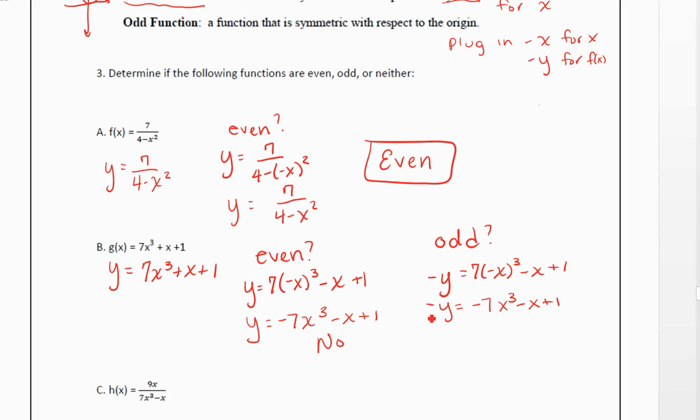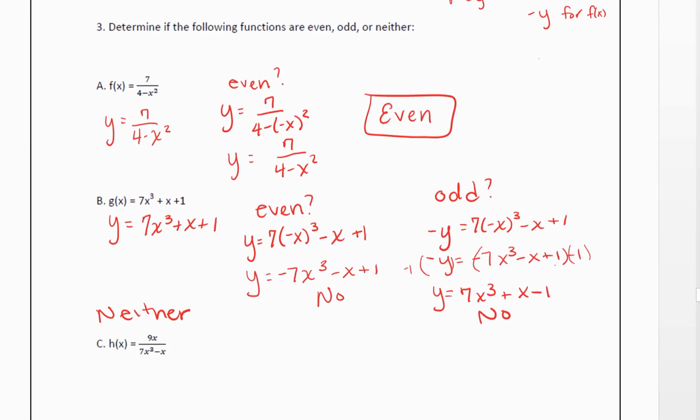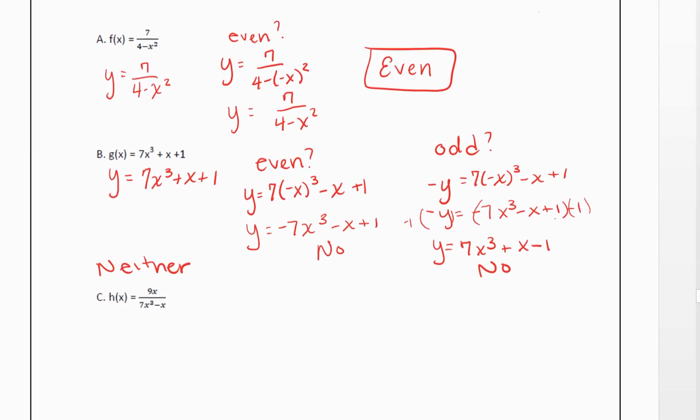So we're going to multiply both sides by negative 1. And we'll have to distribute the negative 1 on the right-hand side. So we get y equals 7x cubed plus x minus 1. That's negative 1 times the 1. Now that's really close to the beginning, but we have a minus 1 here where we had a plus 1 there. So it's not odd either. So this one we would say neither. Okay. It's actually pretty difficult to get an even or an odd function. So you will see neither show up.